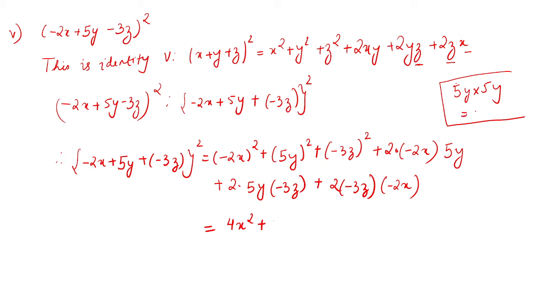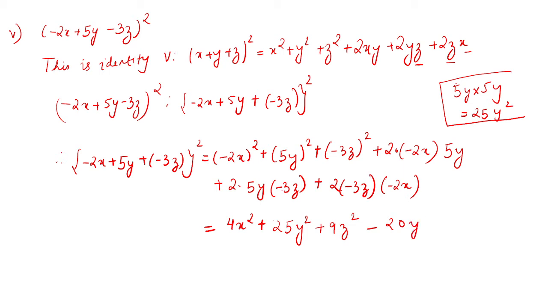So 5 into 5, 25, y into y, y square, alright. So 5 into 5 will be 25 y square plus minus 3z, the whole thing square will become 9z square. Now look at this, minus into plus becomes minus, 2 into 2, 4, 4 into 5, 20 y.